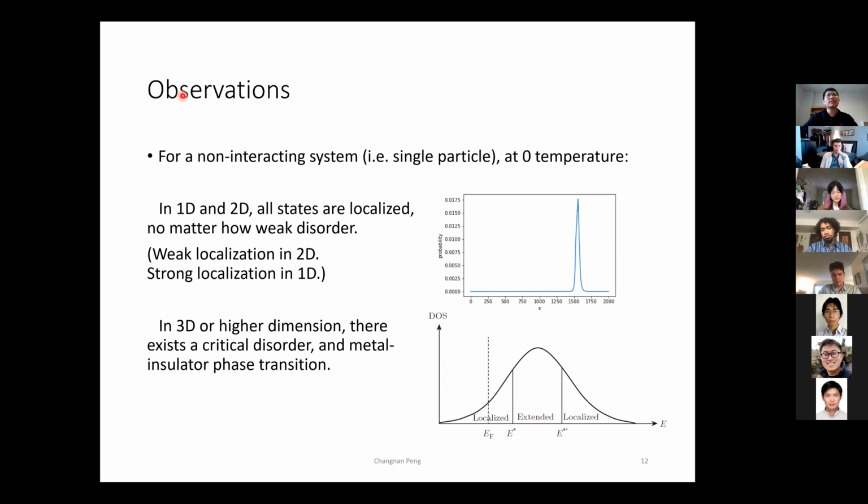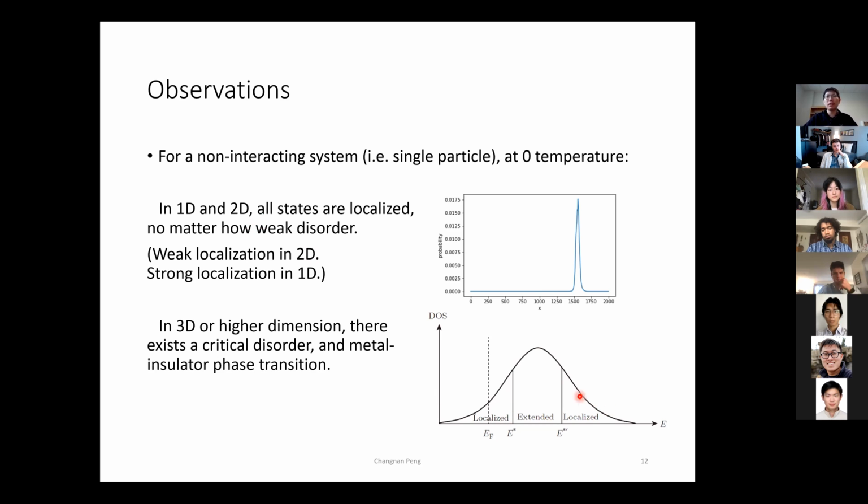So there are some basic observations in a disordered system. By the way, everything here is stated at zero temperature. For a non-interacting system, which means we have a single particle picture, in 1D and 2D, any weak disorder can localize all the states.